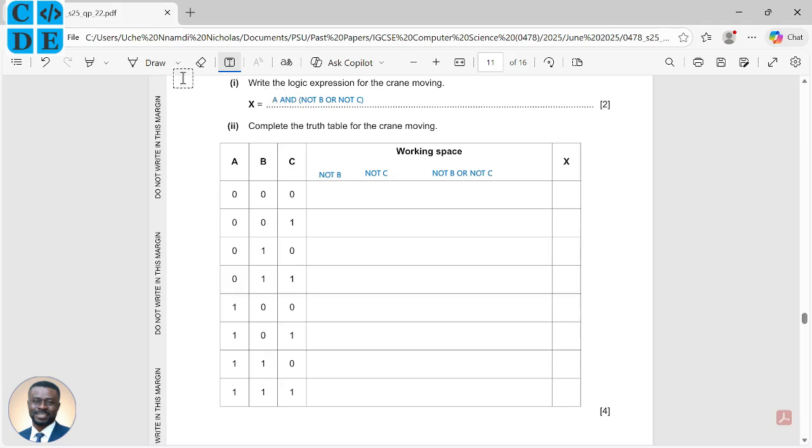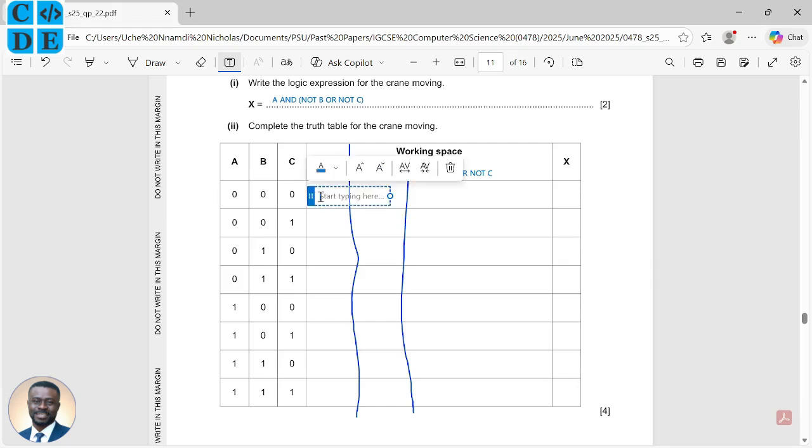Let me quickly draw a line here. Okay, so let's do this as usual. So we are inversing all the values of B. So here will be 1, here will be 1. Please do well to double check.